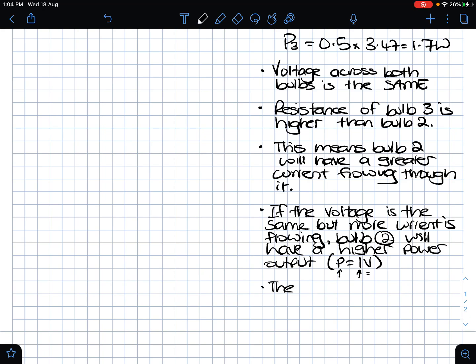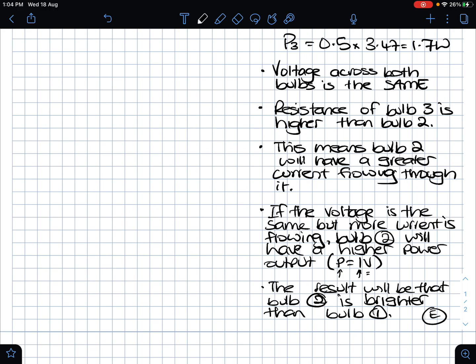The result will be that bulb 2 is brighter than bulb 3. And if you manage to get all that written down, that will give you excellence.